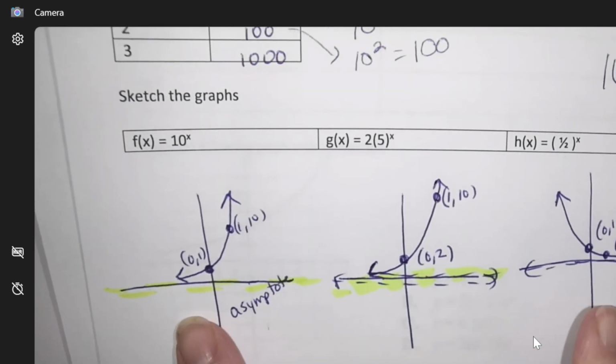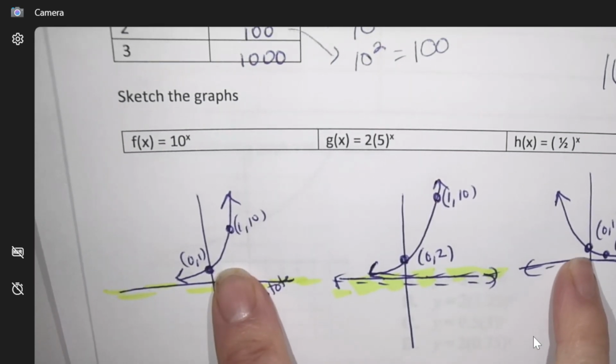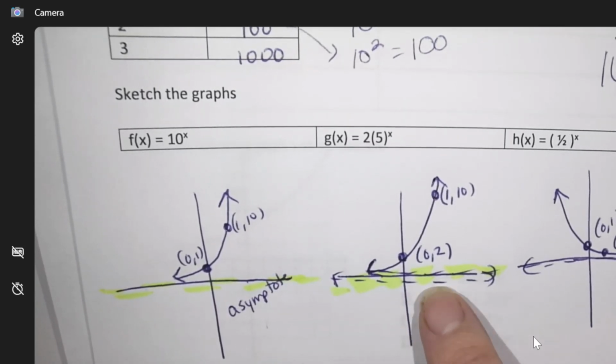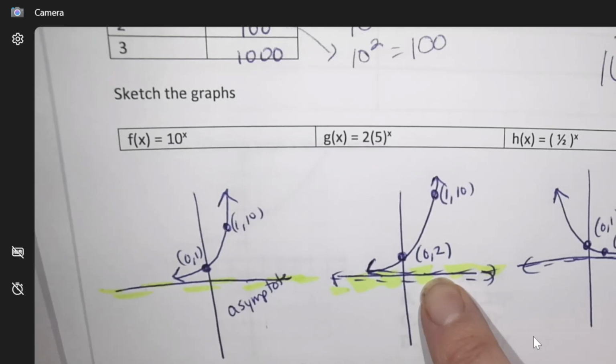The y-intercept should be at 1. Here they weren't, and there's something that changed it. What was the thing that changed the 1? So why did this become 2 and why did this one become 8? Do you see where that comes from?